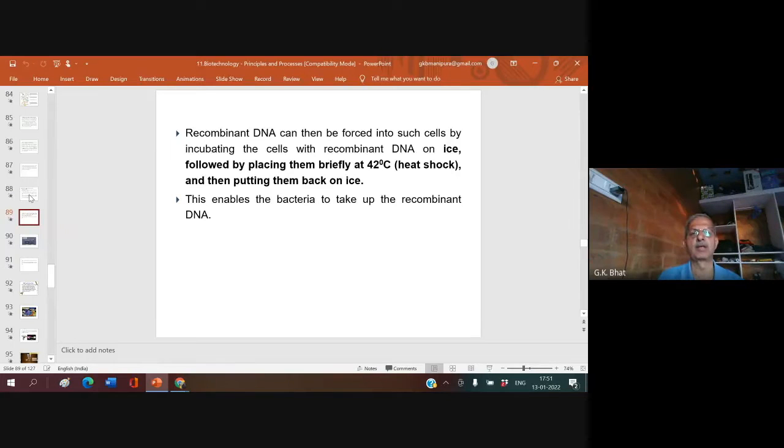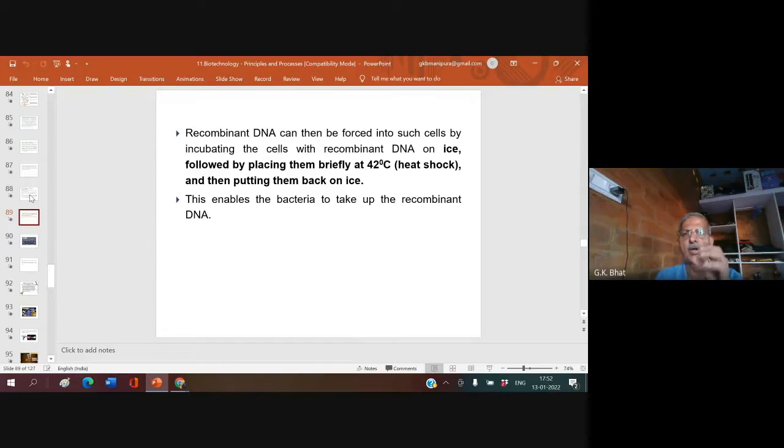Recombinant DNA can then be forced into such cells by incubating the cells with recombinant DNA on ice, followed by placing them briefly at 42 degrees centigrade heat and again putting them back on ice. Ice, heat, ice. Cold shock, heat shock, cold shock.